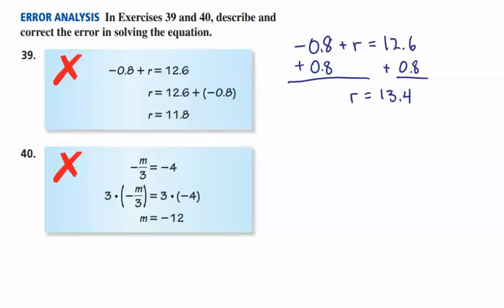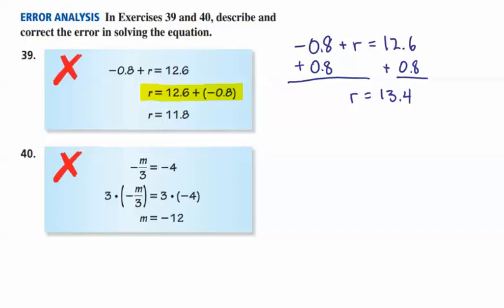And so that's the way, often with doing error analysis, we might want to work through the problem ourselves to see how we would think about it, and then look at what the student in this particular problem did. And here we can see that the student did add to 12.6, but they added a negative 0.8. So we're not trying to add a negative 0.8 to both sides.